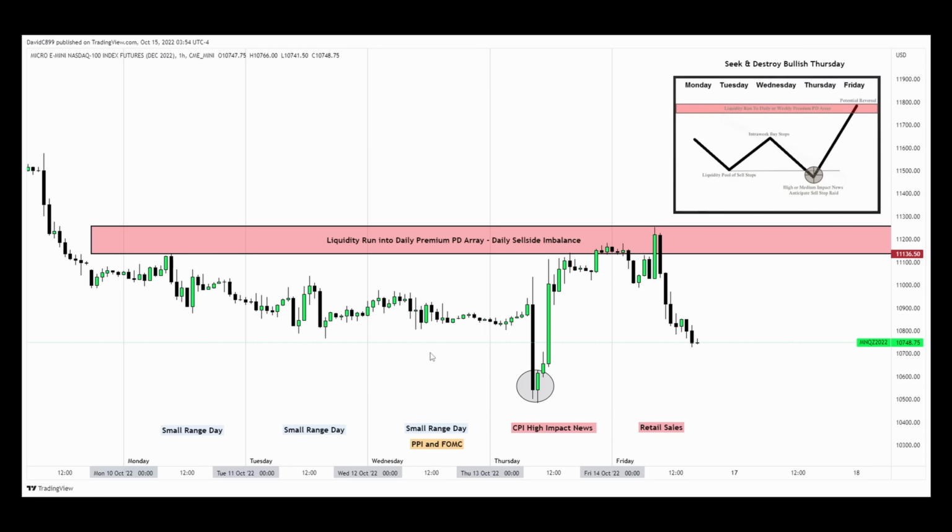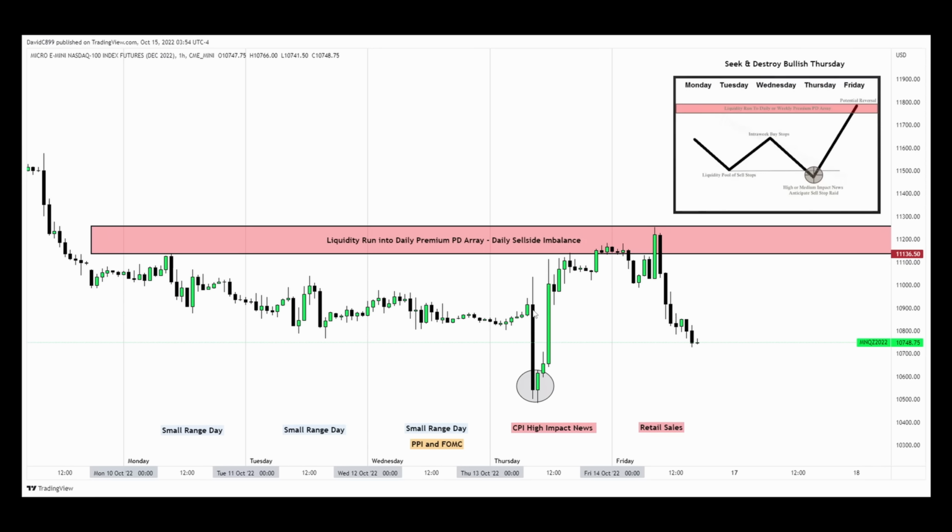That is a telltale sign for us that we can expect high volatility, because a small range day or a couple of small range days are leading into large range days. And this is what we can see here.